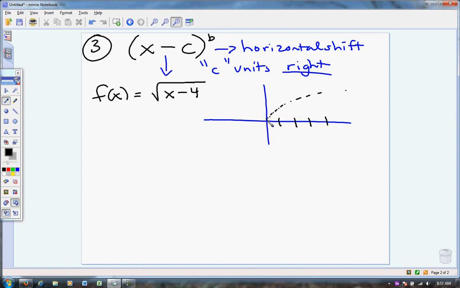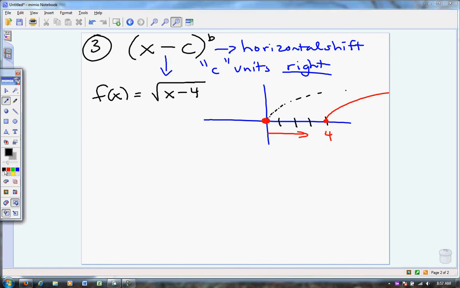That's what the granddaddy graph looks like. So we're going to take this point right here and move it right 4 units. So this graph would look like this. And it would be the same thing if I had a quadratic in parentheses. We'll do some more examples of these in a minute. Let's get through our rules.